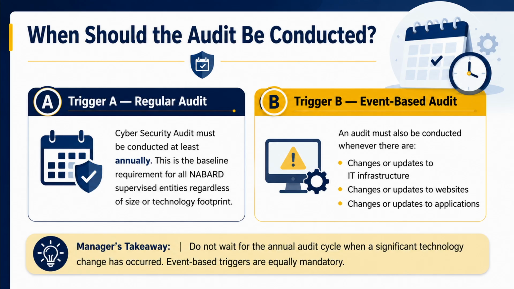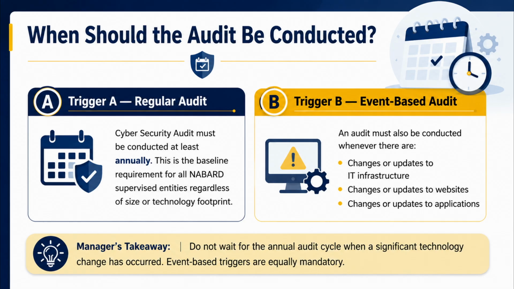There are 2 important triggers for conducting the cybersecurity audit. The first is the regular audit cycle. The cybersecurity audit should be conducted at least annually. The second is an event-based trigger. An audit should also be conducted when there are changes or updates to IT infrastructure, websites, or applications.